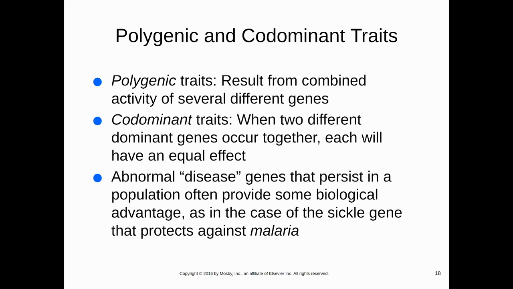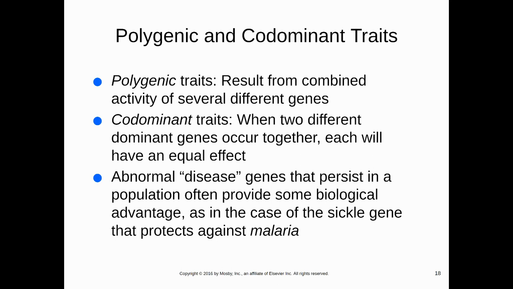Sometimes the abnormal disease genes will actually persist in a population to provide some type of biological advantage, and it's usually kind of like a survival of the fittest situation. So again, sickle cell, the reason why that occurs is because malaria was rooted in Africa as its point of discovery.